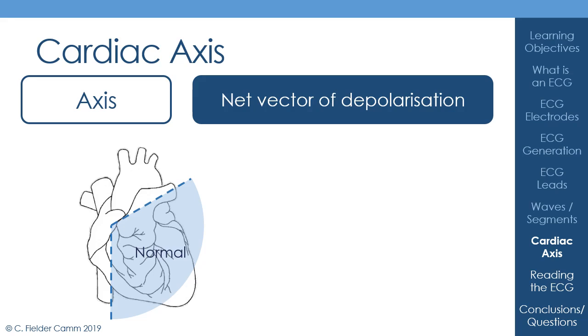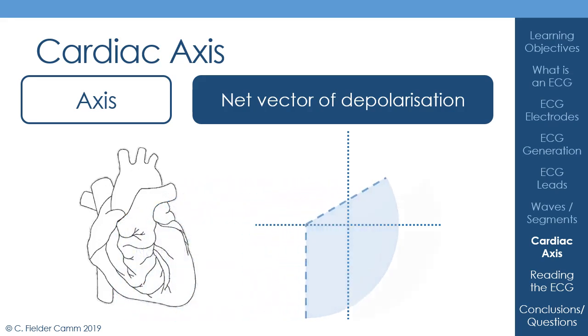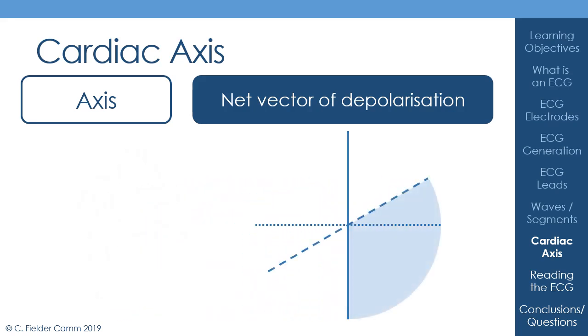If we map this onto a grid, like I have here on the right, it looks something like this. Unfortunately, the person who designed this grid decided that 0 degrees would be straight out to that right-hand side, and so a normal axis goes from -30 to +90 degrees.